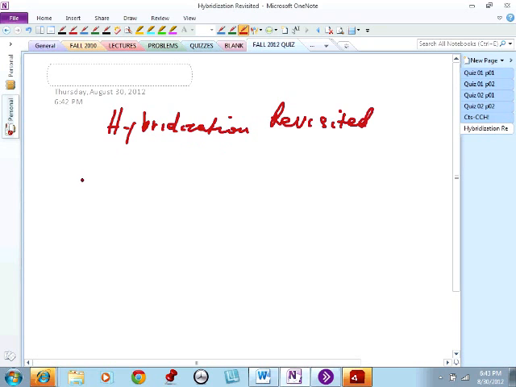Supposing we have this molecule here, I will give you 3 molecules. This is the structure of a molecule called ethane. Now, if I ask you, what kind of bond do we have in ethane?